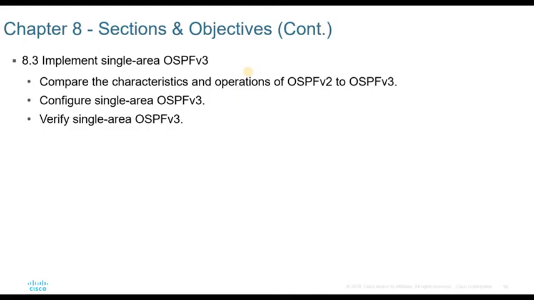They just differ in terms of the network type, since version 2 works for IPv4 and version 3 works for IPv6 networks. At the same time, we're going to configure and verify if your OSPF single area implementation for version 3 works. So this will be the coverage of this module.